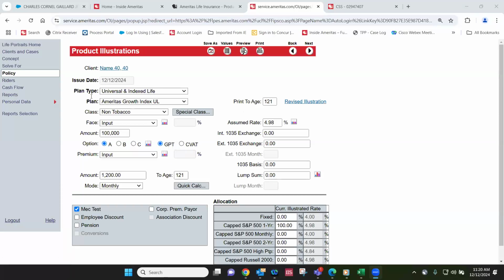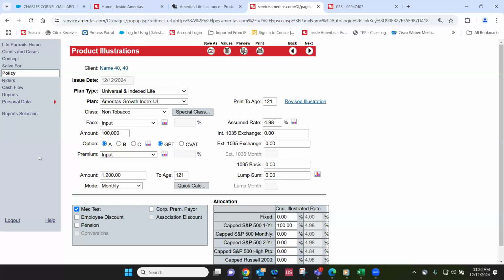So what we're going to do is go ahead and use the growth IUL. That's going to be the IUL that I would recommend for your max funded situations. Remember, we do have two IULs. The Value Plus Index UL has that age 90 no lapse guarantee.